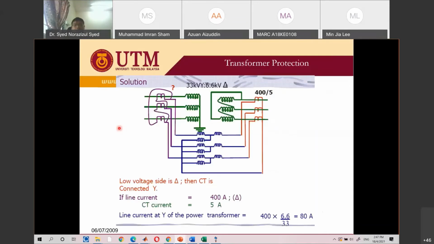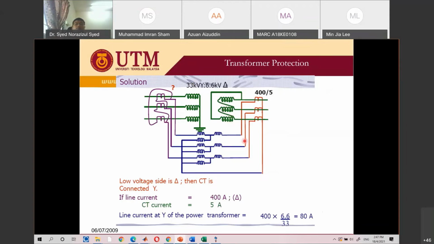Okay, so this is the solution. This is the transformer, star and delta. The low voltage side is delta, connected to the CT in Y. At the star, you have to connect it in Y connection, in star connection. This is in delta. But for the delta connection here, the LV side, you have to use the star.